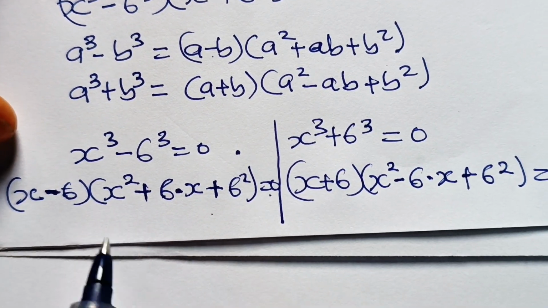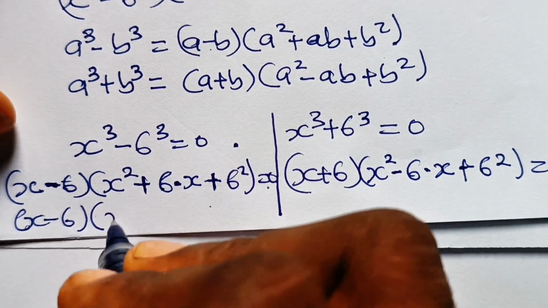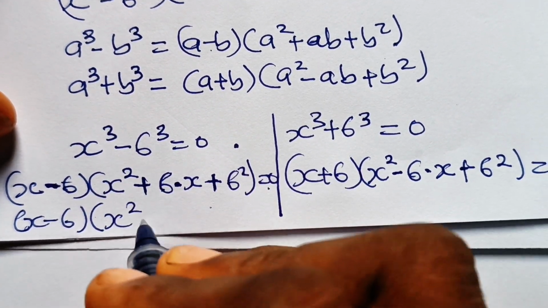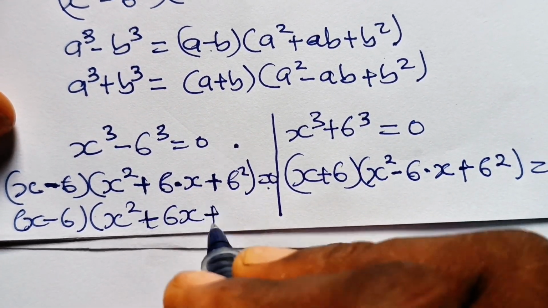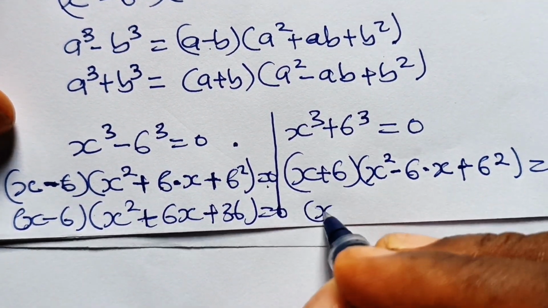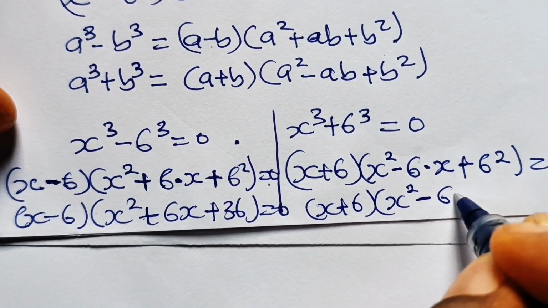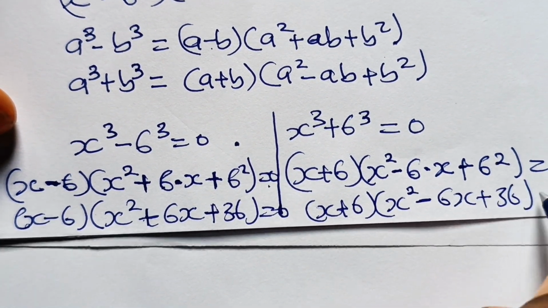So if we simplify this further, we are going to have x minus 6 multiplied by x squared plus 6x plus 36 is equal to 0. And this side will give us x plus 6 multiplied by x squared minus 6x plus 36 is equal to 0.